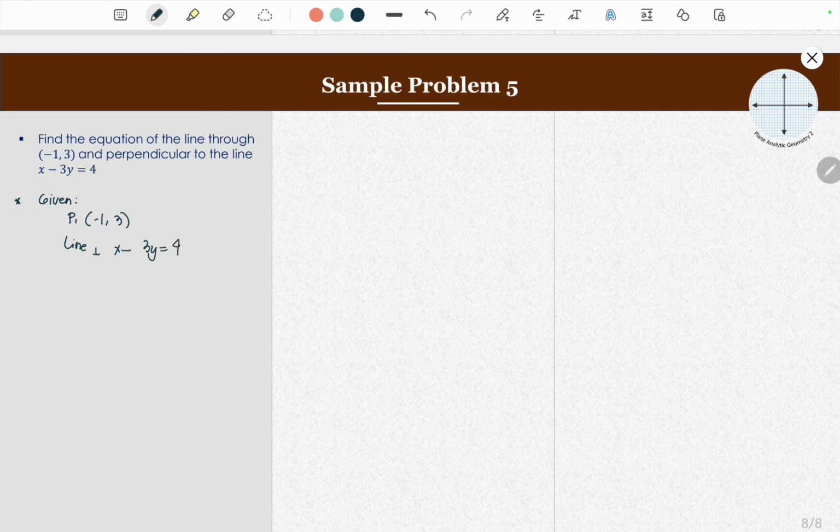Okay. So first, let us determine the slope of the line in which we are finding the equation.